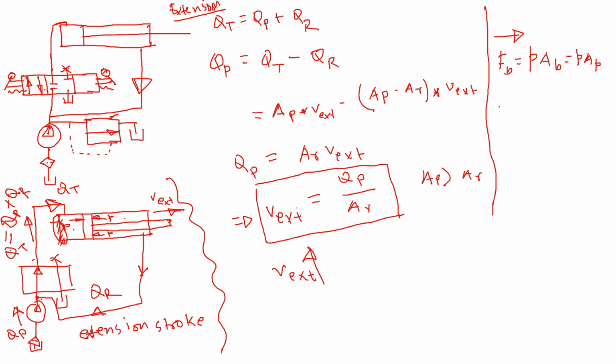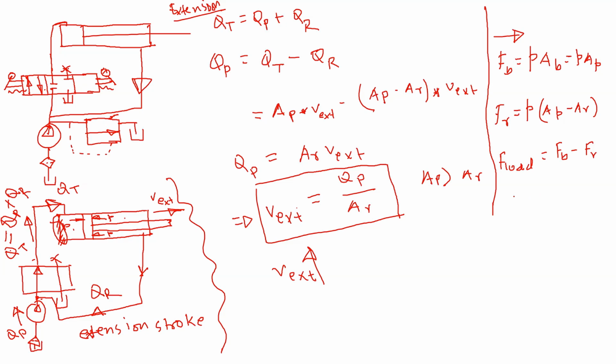And then the rod end force, we can calculate as pressure times the rod end area, which is the area of the piston minus the area of the rod. So whatever is left, that will be the force carrying capacity. So F load, this system can take the load FB minus FR. So we increase the velocity, but the force decreases proportionally.